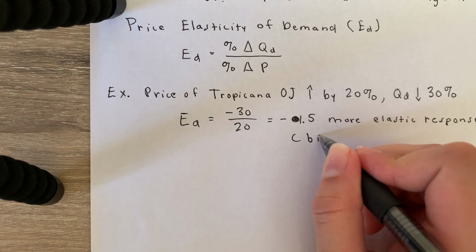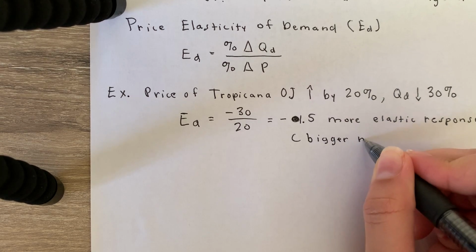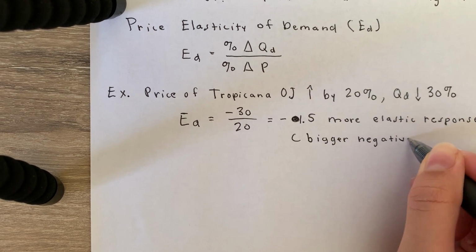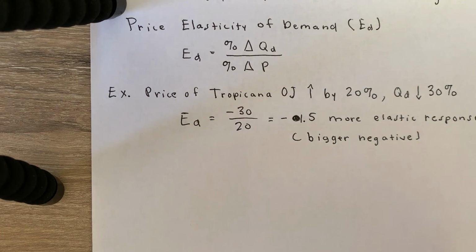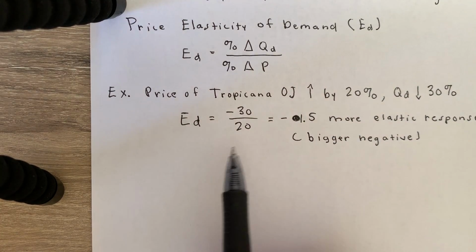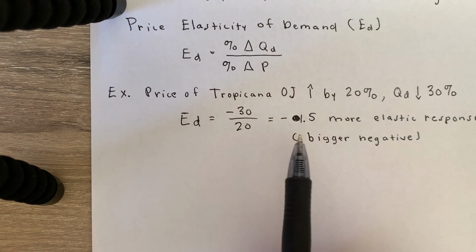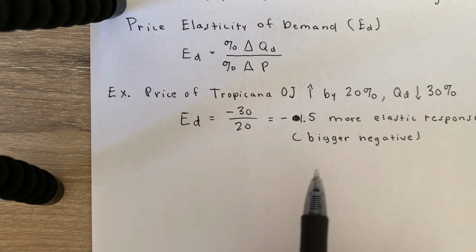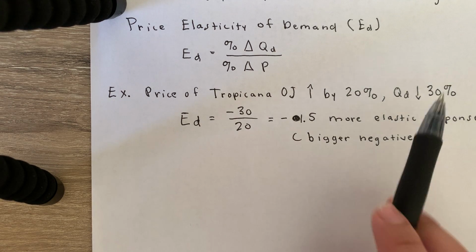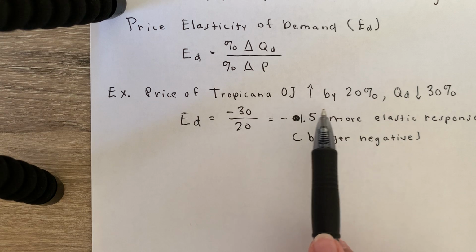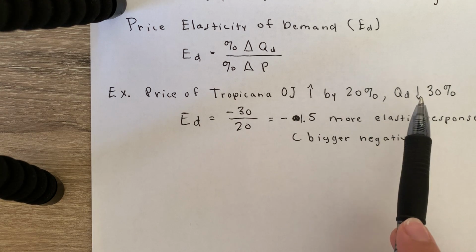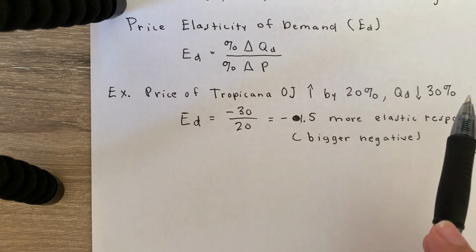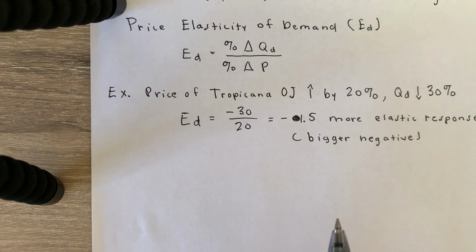So since the elasticity is negative 1.5, we know that it's a more elastic response. Because the price increased by 20%, the quantity demanded decreased by 30%, and we consider that an elastic response. So Tropicana has more of an elastic demand.